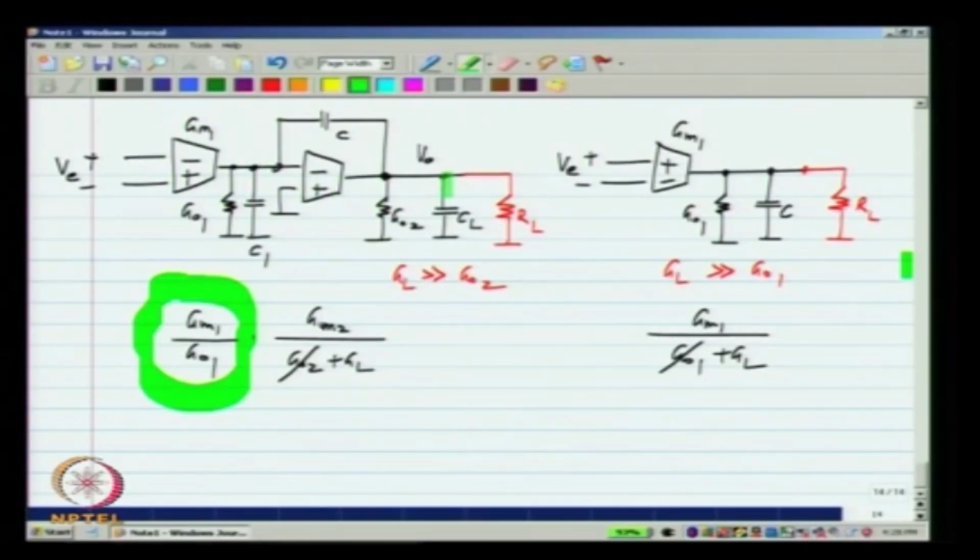The first stage is isolated from the load, so it will not be affected by how low this value of RL is, and the second stage has to provide only a modest gain. So, when you have resistive loads, this is really only the feasible alternative, because if you try to use this, it is possible, but you will have to end up using such a large GM that it will be very wasteful of power. Okay.